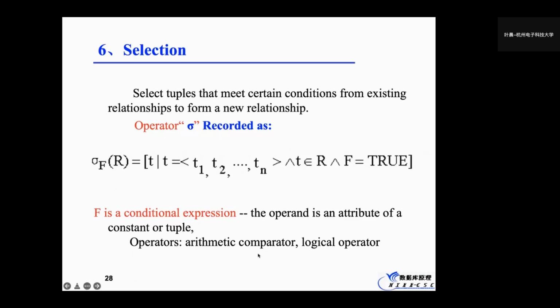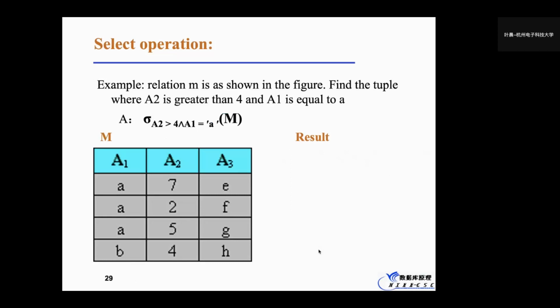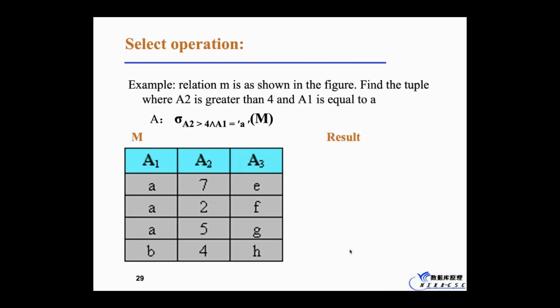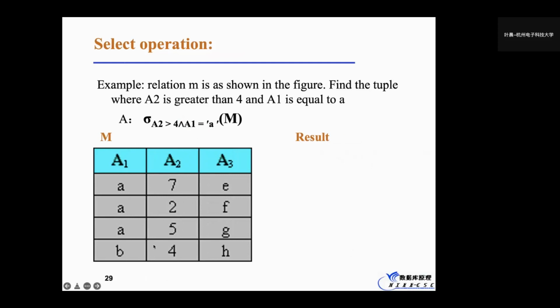So here let's see an example. A relation M is shown like this, and if we want to find the tuples where A2 is greater than 4 and A1 is equal to A, we can write like this. We make a selection operation on the relation M with the condition that A2 is larger than 4 as well as A1 is equal to A. So we write this and we can get the result like this.